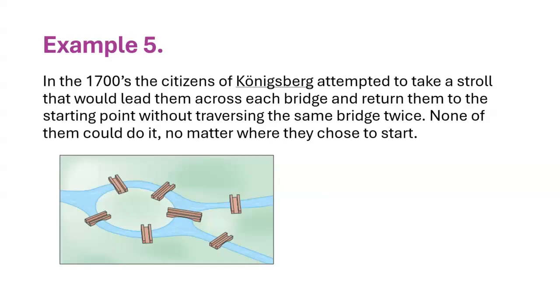They wanted to walk around the city, but there were rivers, and so they wanted to walk around the city in a way that they cross each bridge only once. They wanted to use all of them and cross each only once, starting and ending at the same place.